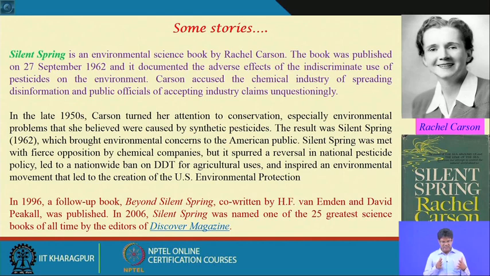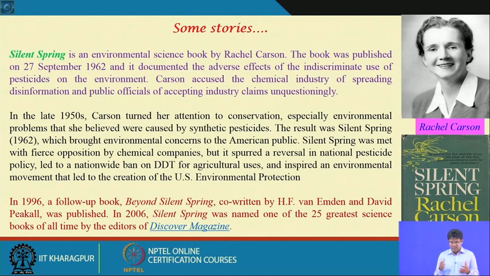She did a lot of research, starting from 1940, and by the 1950s she was much aware that environmental quality was deteriorating due to the indiscriminate or intensive use of chemical or synthetic pesticides. The result was Silent Spring, which came in 1962.